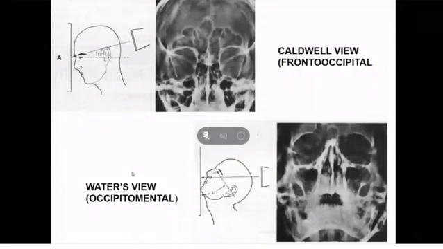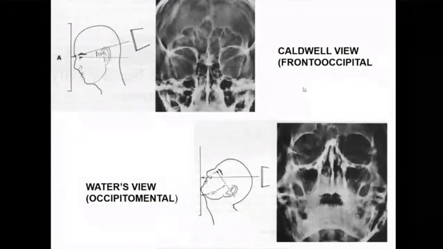When you put para-nasosinus X-ray, the radiographer will automatically give you 3 views. One is the Caldwell view, which is fronto-occipital, good to visualize the frontal and ethmoid sinus, but not good for the maxillary sinus because you can see the petrous part of the temporal bone overlapping here. Okay, yeah.